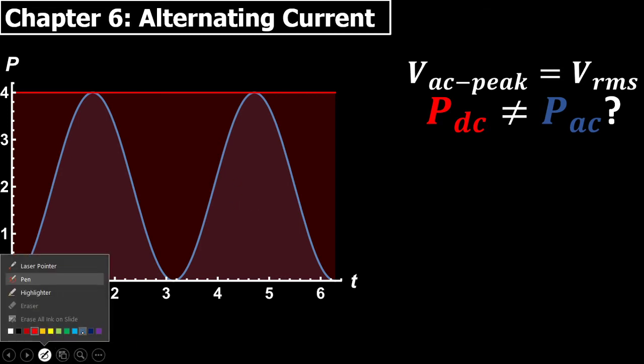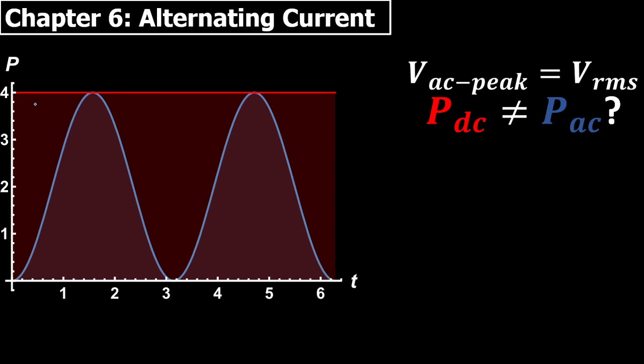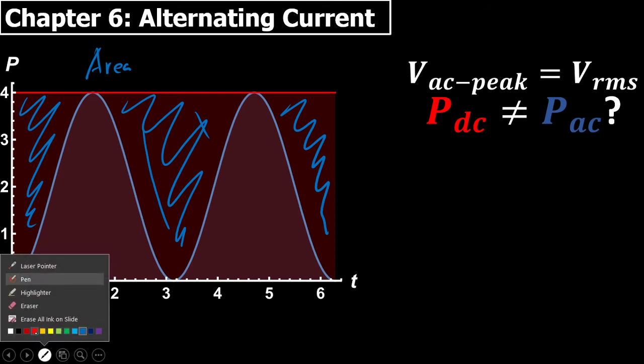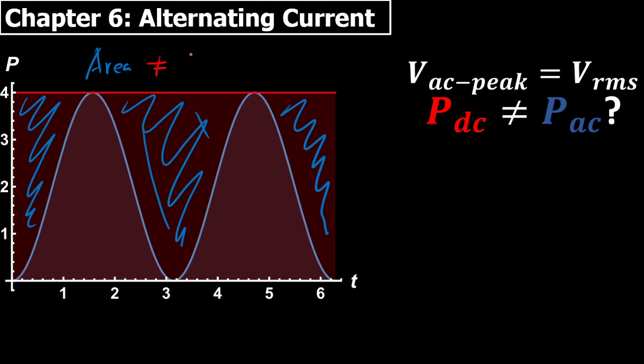To me, it's not, because you have these gaps here. So the area under the AC power graph is not the same as the area under the power-time graph for DC, which is just a steady current, just a square.